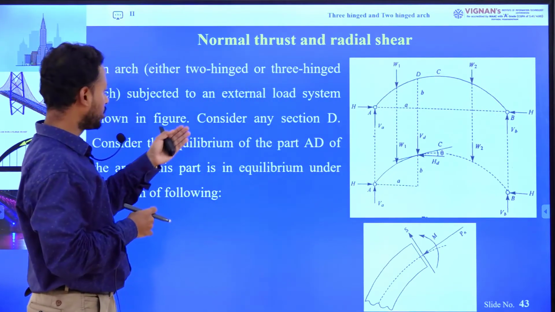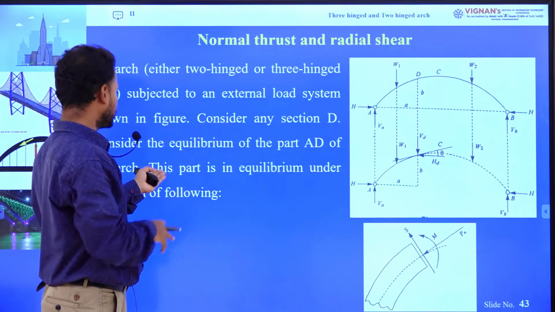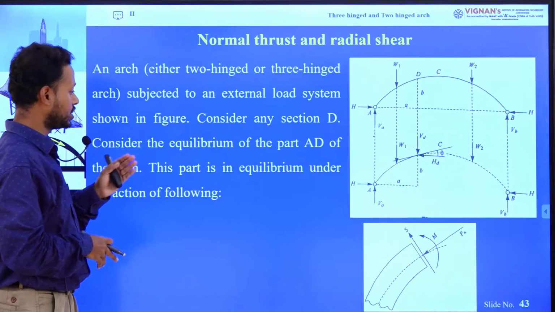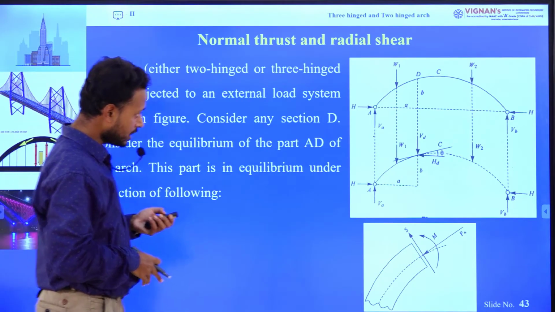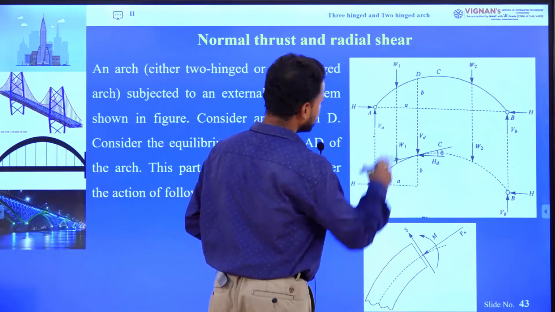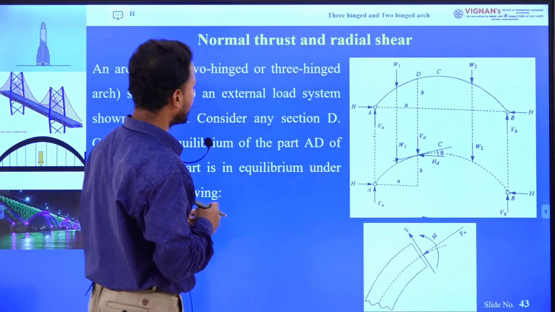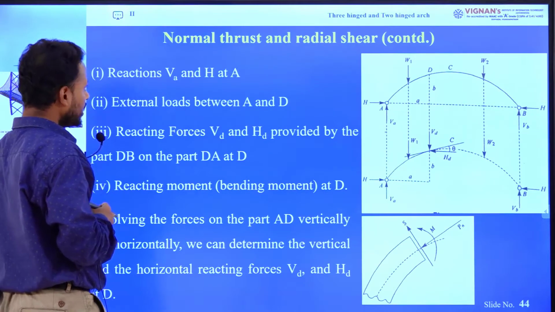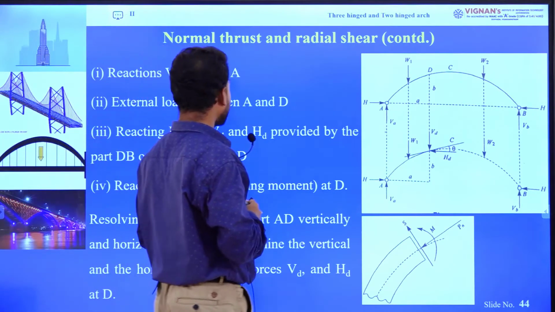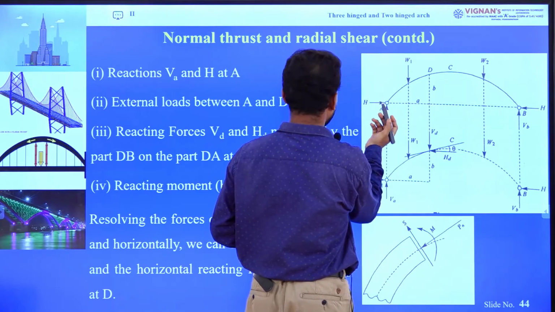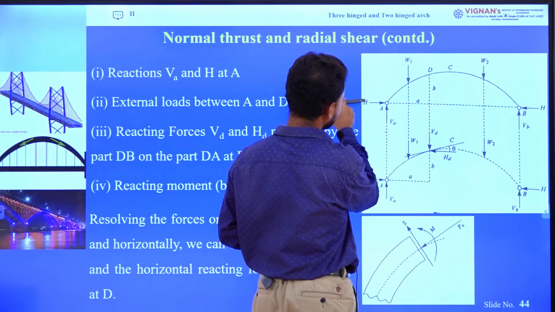So I am considering the AD portion, and this part will be in equilibrium condition. In this part, what forces are acting, we will calculate. First force acting is VA, in the vertically upward direction, and HA, in the horizontal direction.